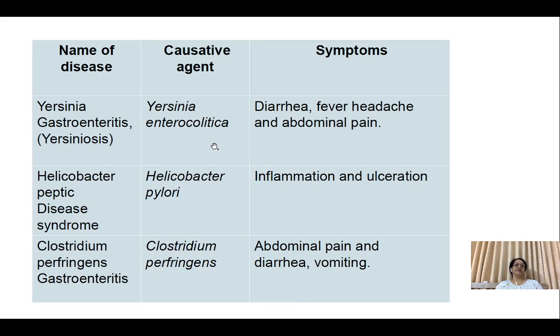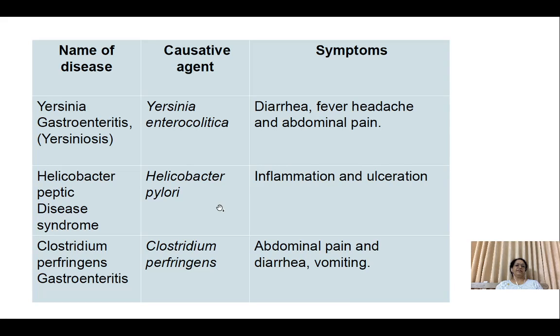Next organism is Yersinia enterocolitica. This causes Yersinia gastroenteritis or yersiniosis. There is diarrhea, fever, as well as abdominal pain with headache, and these symptoms are like other gastrointestinal tract infections.